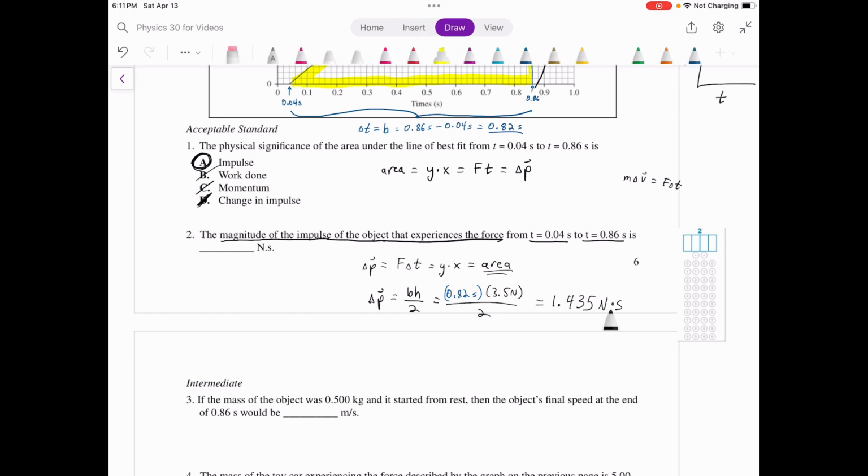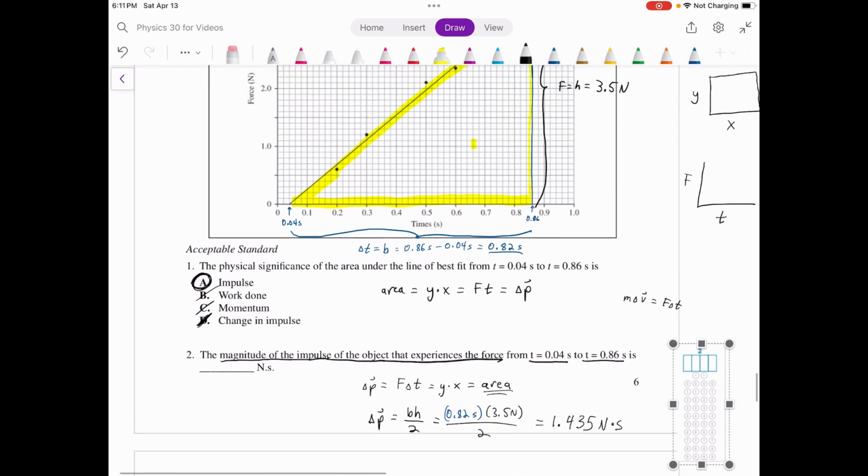1.435 newton seconds. Now typically on the diploma, these numerical responses would tell you how many significant digits for a graphical analysis one, because the rules on graphical sig digs when we're doing graphs can be kind of iffy, just because we don't know, is this 0.80 or is it really just 0.8? And we don't know the 100th place. So the short answer is it will tell you.